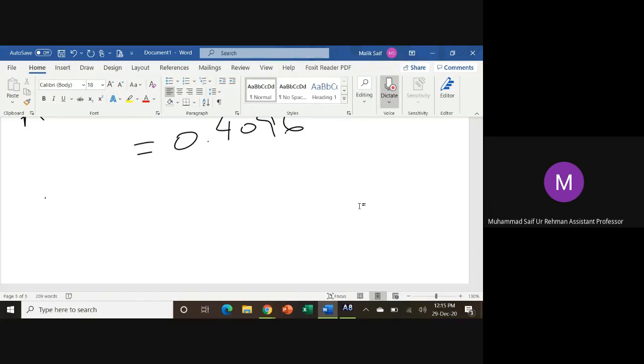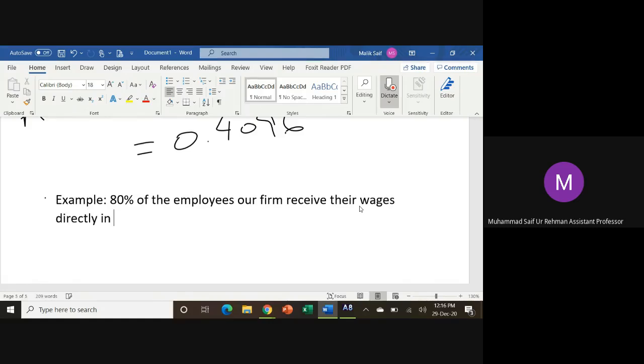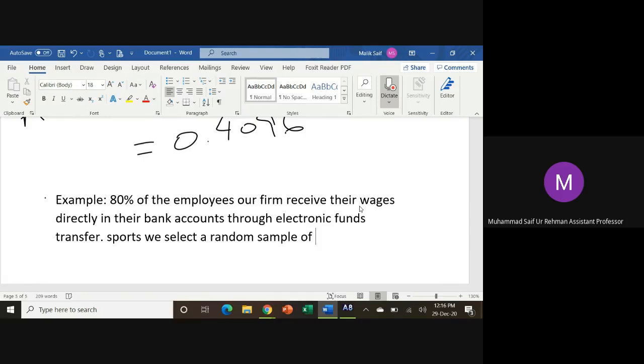Example: 80% of the employees of a firm receive their wages directly in their bank accounts through electronic funds transfer. Suppose we select a random sample of 7 employees.